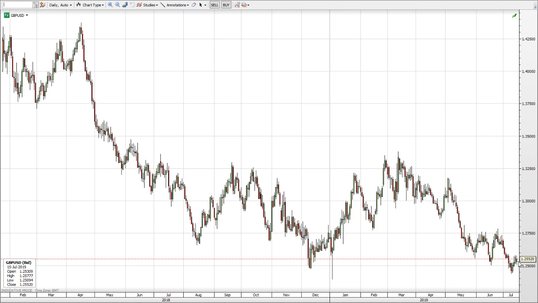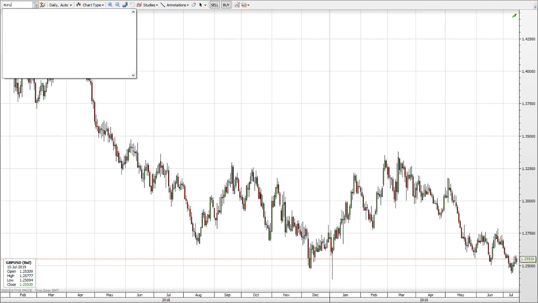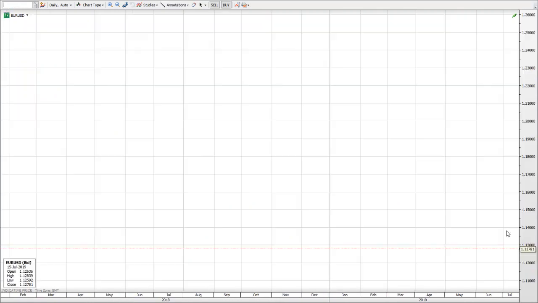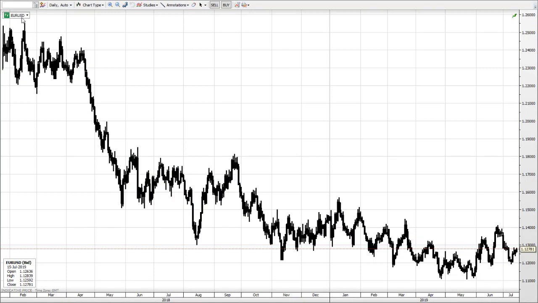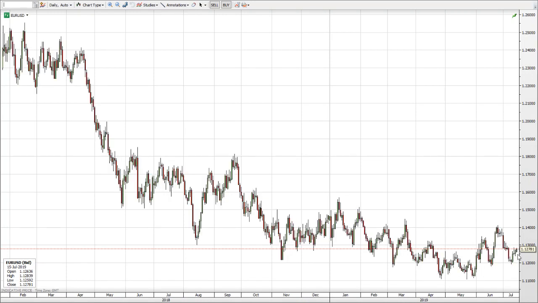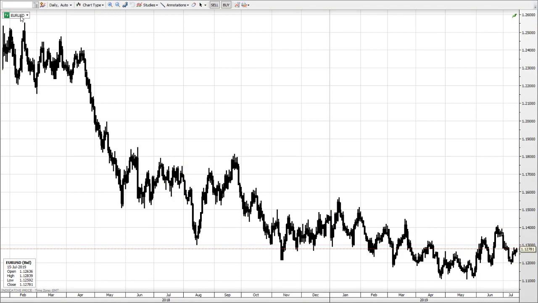Once again the US dollar has weakened. Euro, once again the US dollar has weakened. So in this particular chart where the US dollar is the second part of the pair, an upwards movement in the chart actually signifies weakness in the US dollar.